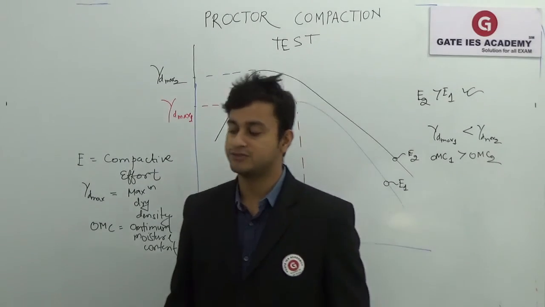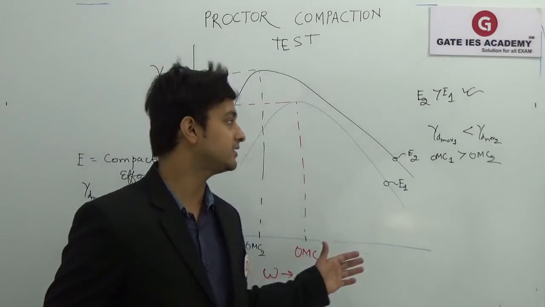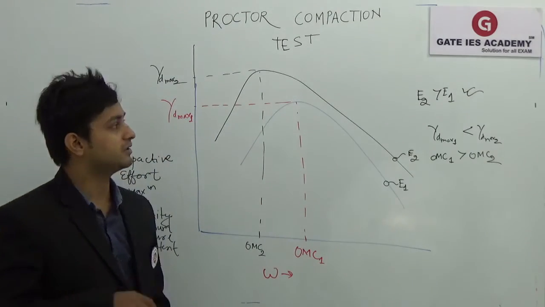Hence, gamma D starts decreasing beyond OMC.